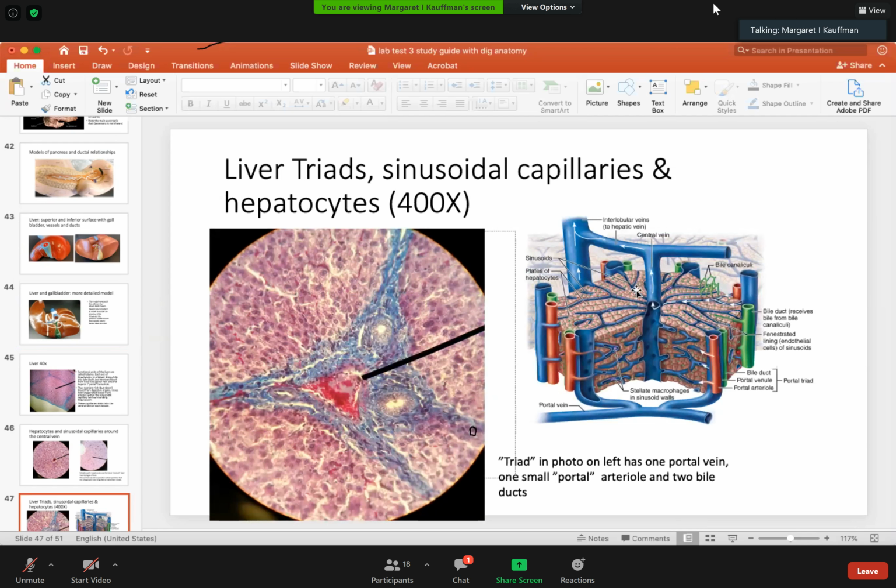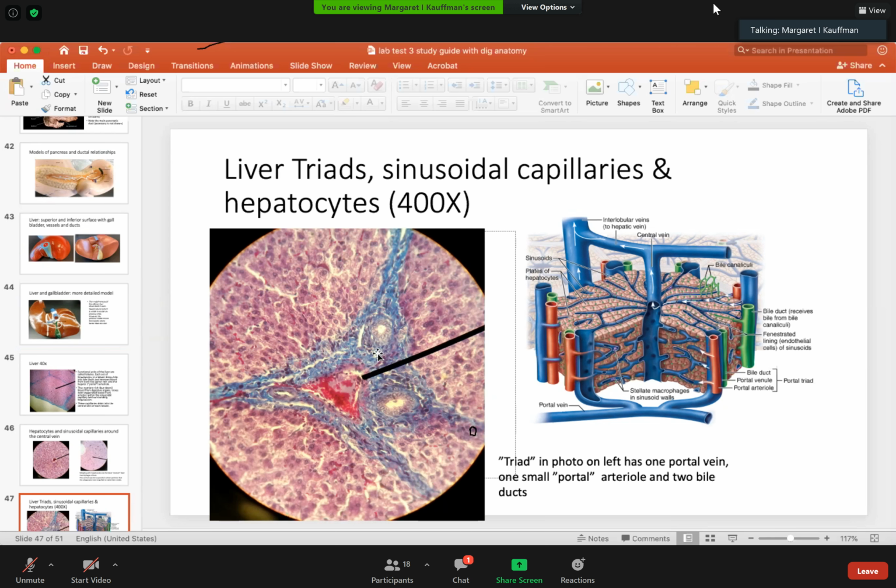So over here is a drawing from your lab book and your textbook showing that central vein and the portal and arterial blood mixing here in the sinusoidal capillaries. And then the green are the bile ducts that you're going to be looking for. Now, I wish that there was one of these at each corner and it was always hexagonal like this, but of course, that's not what happens.